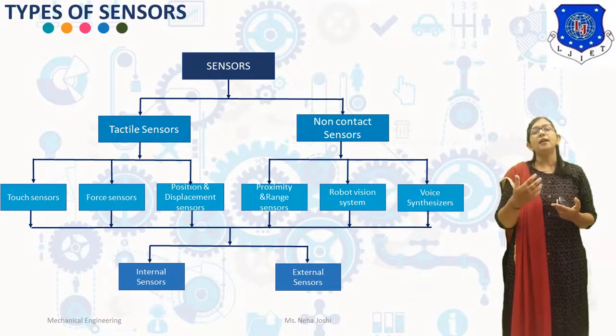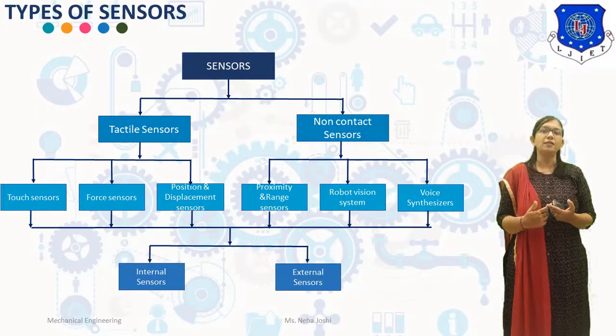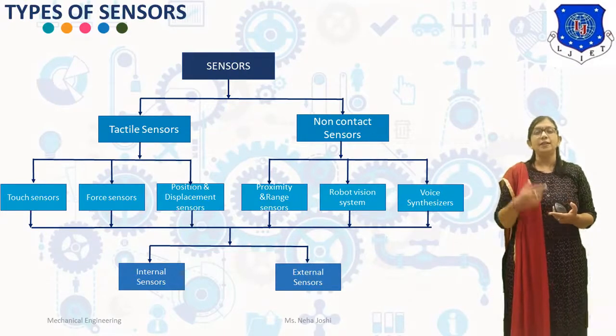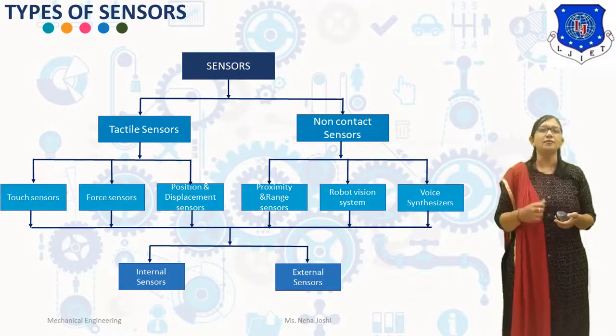Non-contact sensors are divided into three categories. The first one is proximity and range sensors, the second one is robot vision system, and the third one is voice synthesizer. Based on the reference position, sensors can be classified as internal sensors and external sensors.